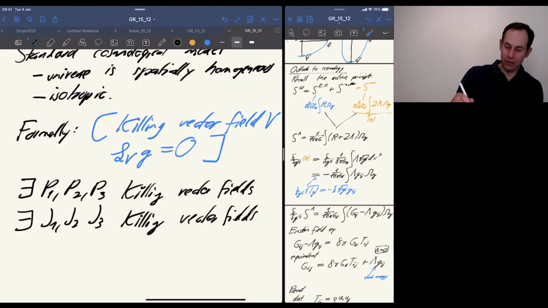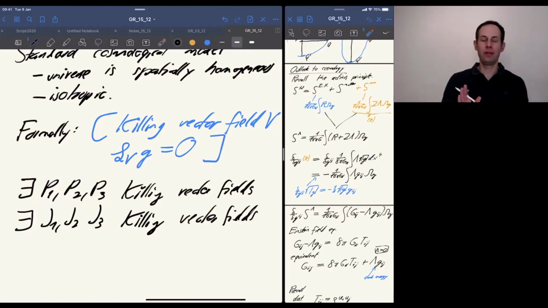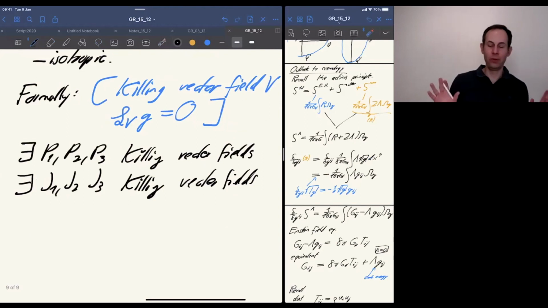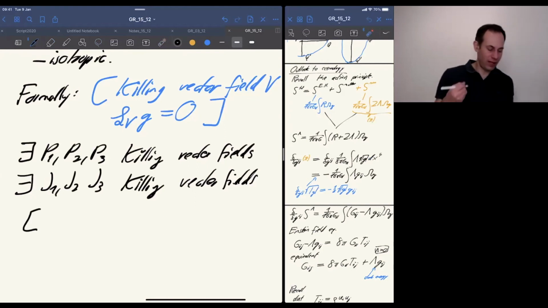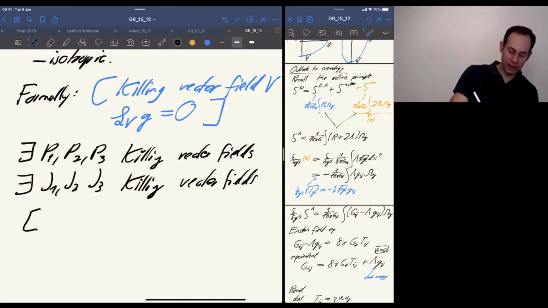Now, when I say there exist three fields, what does that mean? Because one has to say that in a general, coordinate-independent way. And the way this is usually done, this is just for you to be aware of how people think of this, we will not do calculations based on that, you just look at essentially the commutators of these vector fields.